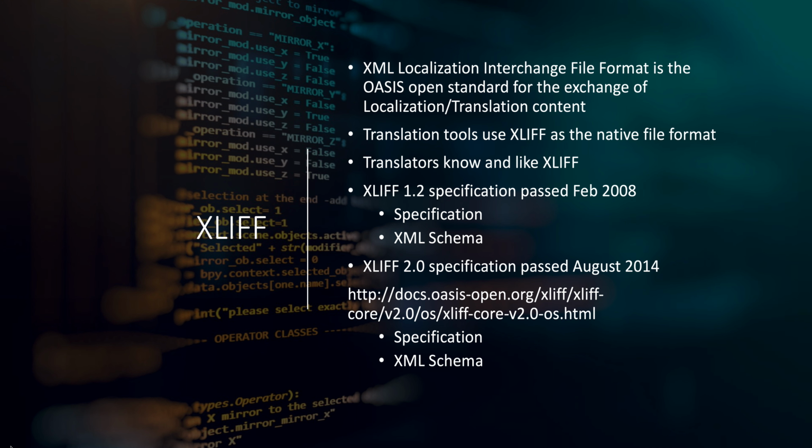Translation tools, computer-aided translation tools, use XLIFF as the native file format. Translators know and like XLIFF. 1.2 was passed in February 2008 with a schema and a specification, and then XLIFF 2.0 was passed in August 2014 with a specification and an XML schema.